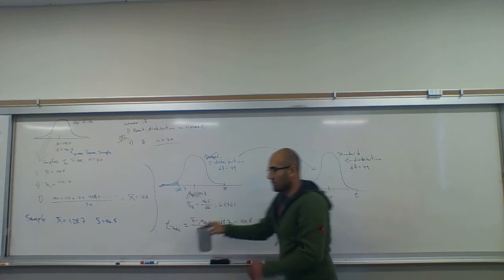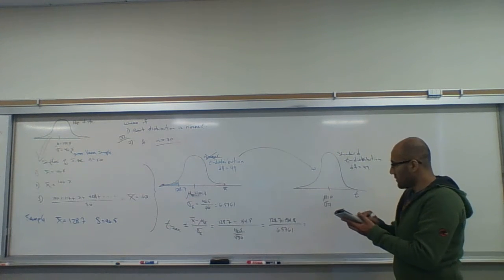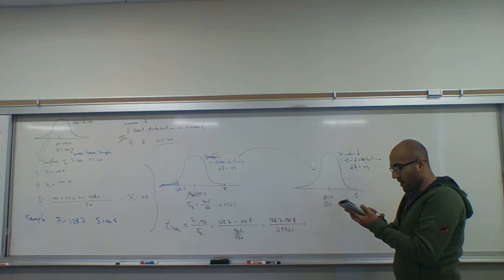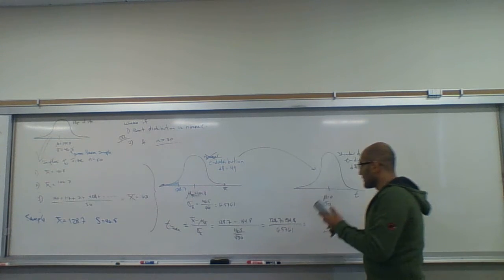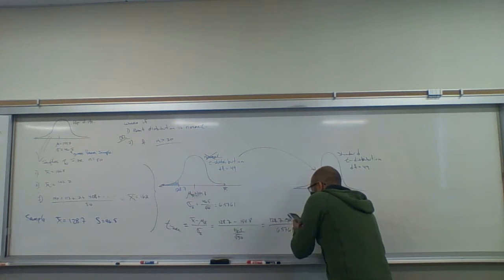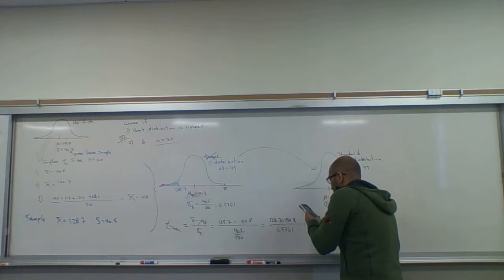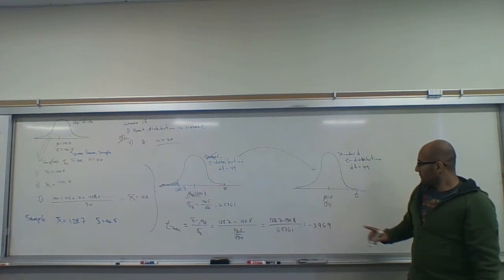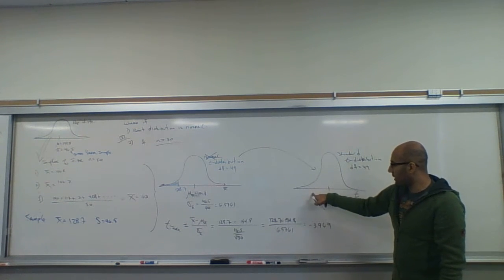Okay. So that's the answer there. 128.7 minus 154.8 divided by 6.5761. This is negative 3.969. Okay. So this is the value here.